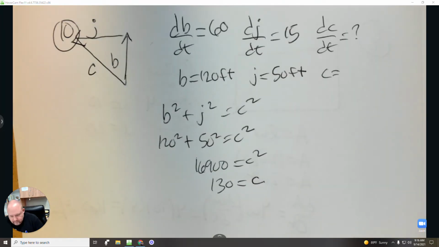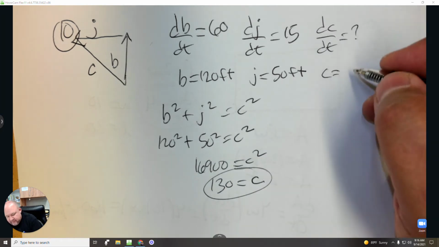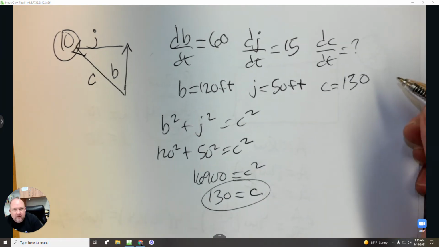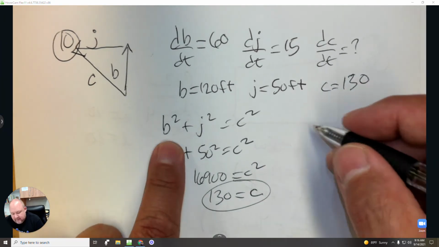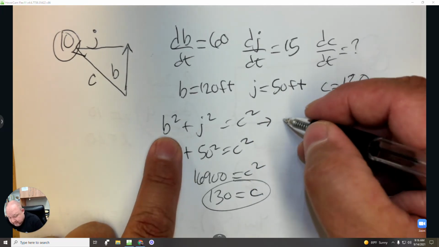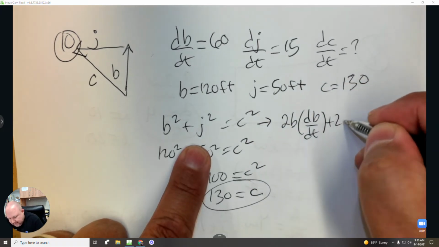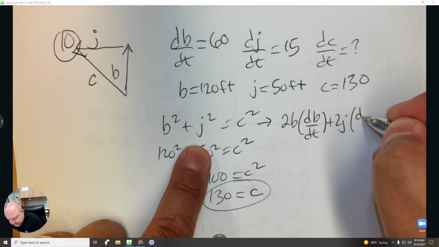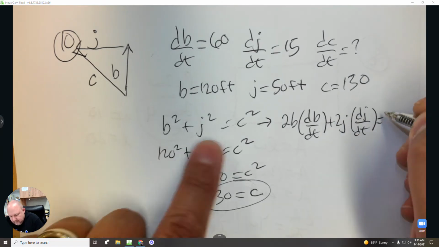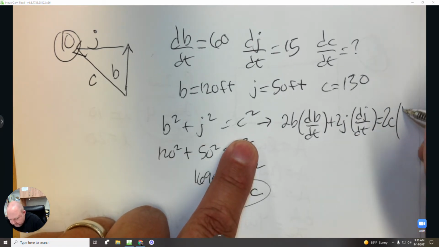All right. So now I have the values that I need. So what's the equation that puts them together? That's here. So the derivative of this is 2b and then the hook, 2j and then the hook, and 2c and then the hook.